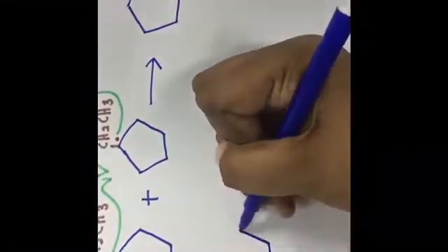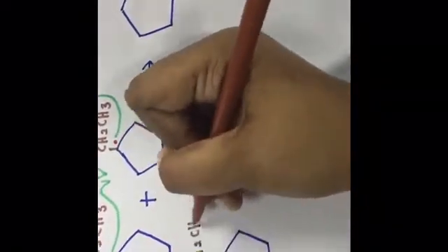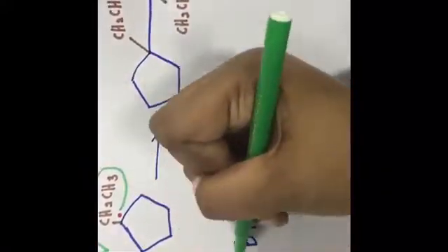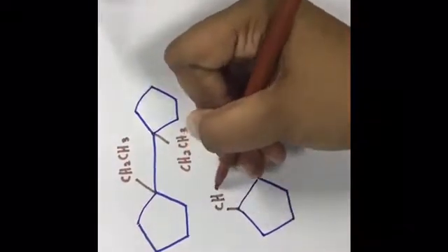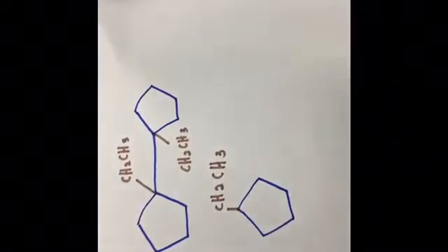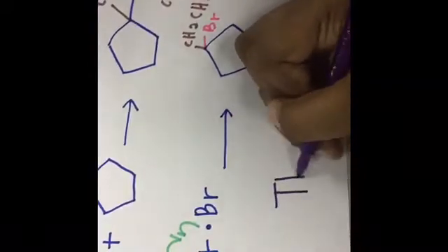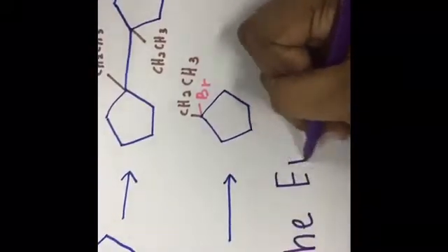For the last step, the compound plus Br dot, and we need to show the half-headed arrow also between the dots, and it will form the major product. So that's all for question B.